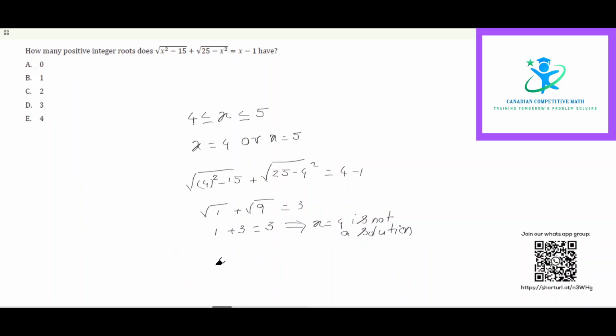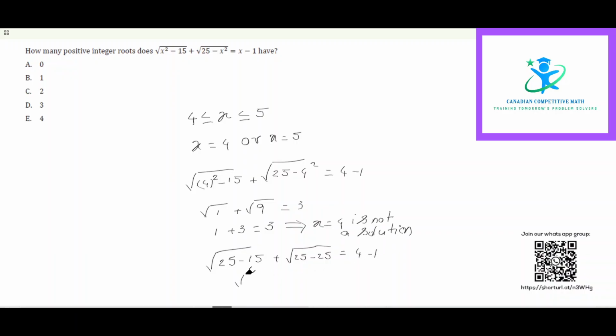Similarly, let us substitute 5. This will be square root of 25 minus 15 plus square root of 25 minus 25, equal to 5 minus 1.